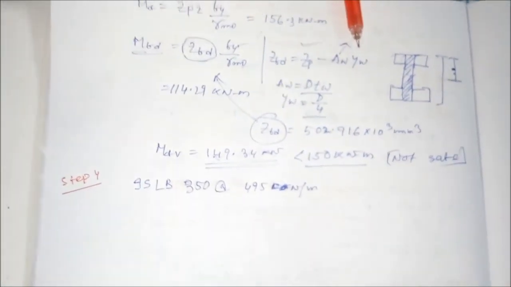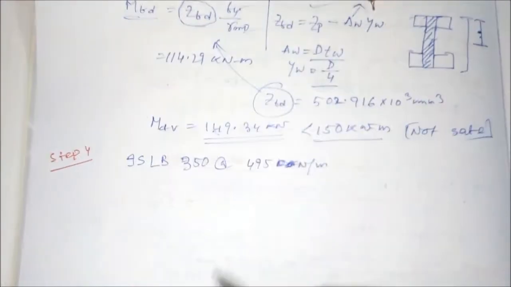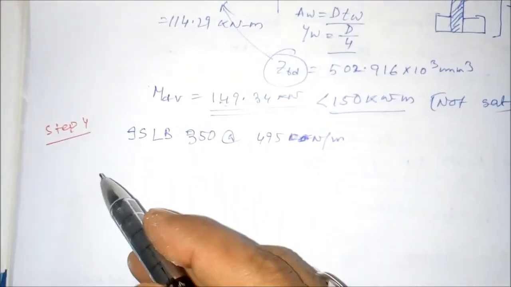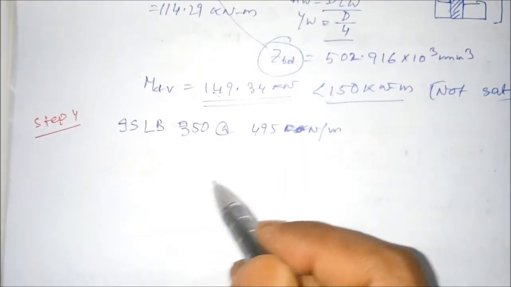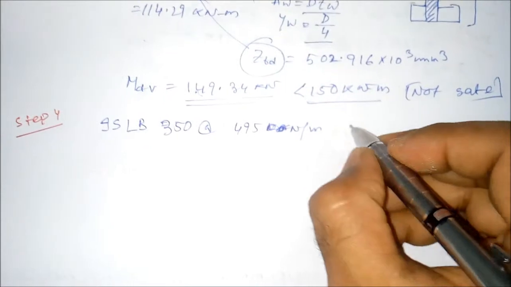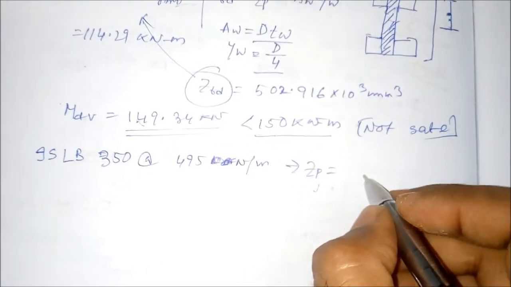So you will be getting all the geometrical properties, what we have done in the last step number 4, from SP6, and the Zp value you will be getting from IS 800.